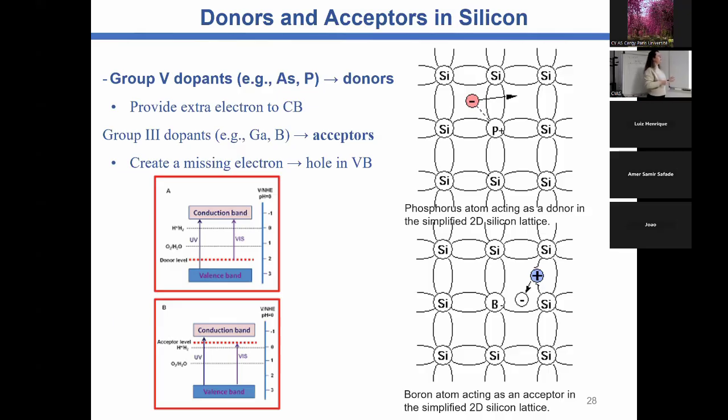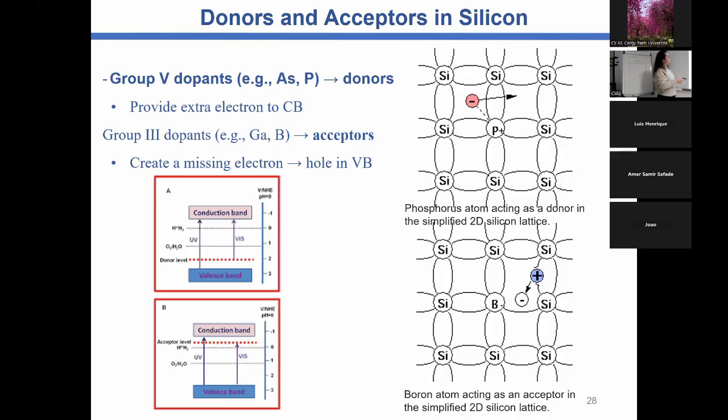There is no impurity, no free charge here. But if we dope it, during the crystal growth of silicon, we intentionally dope with a different material.